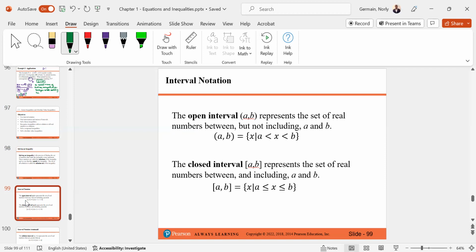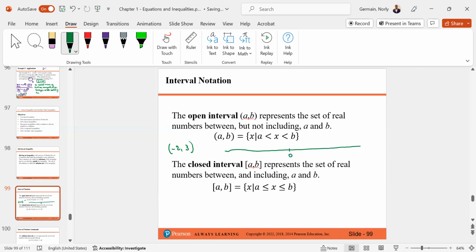Now, let's start by looking at interval notation. The open interval, remember, open interval, you use parentheses. (a, b) represents the set of real numbers between a and b, not including a and b. For example, if we have an interval (-2, 3), to represent this on a number line, let's suppose it is straight, right?